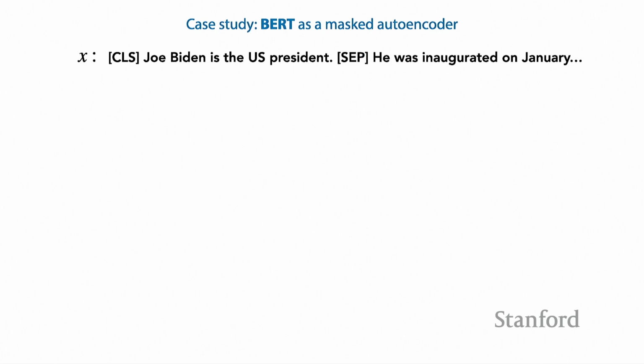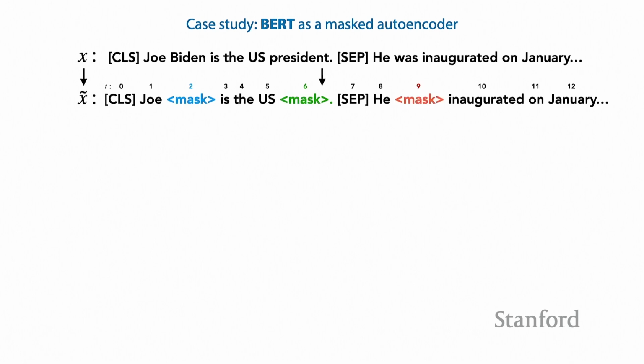Again, we might have this text input, and here, as a quirk of BERT, we use two sentences instead of just one for training, but it's not hugely important. We apply our masking function, which gives us the masked out version of that input. I've annotated the time step in the sequence here to make it easier to see what's going on.